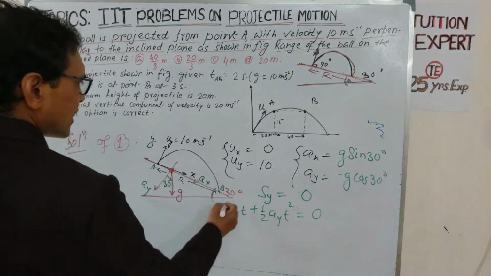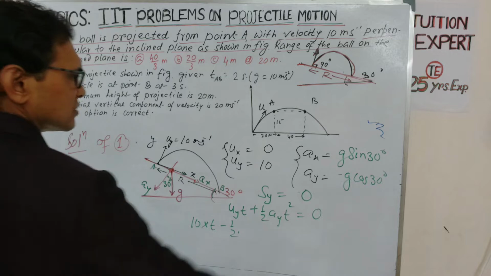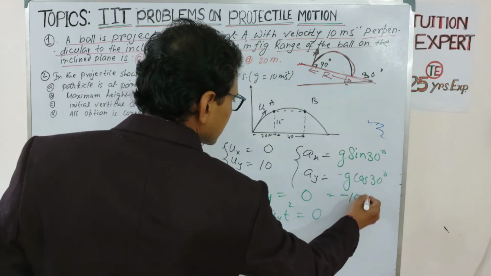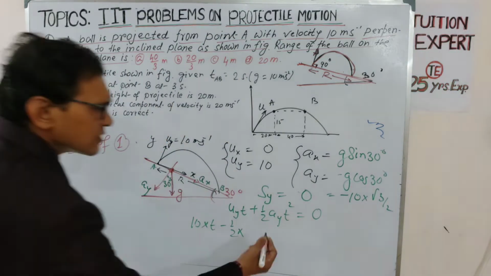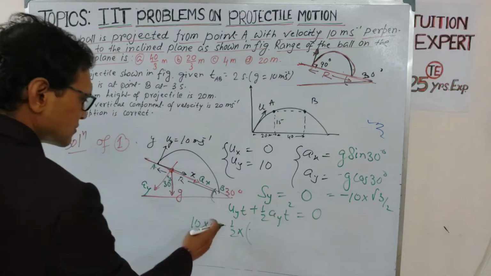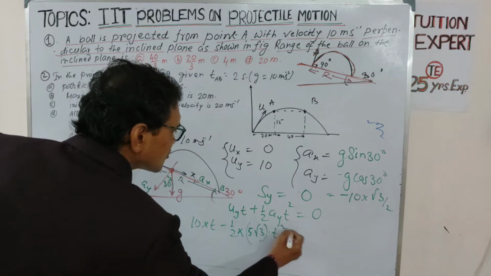Here uy equals 10, and ay equals minus g cos 30 degree, that is minus 10 times root 3 by 2, so ay equals minus 5 root 3. So 10 t minus half of 5 root 3 t square equals 0. Taking t common, t times (10 minus ...) equals 0.